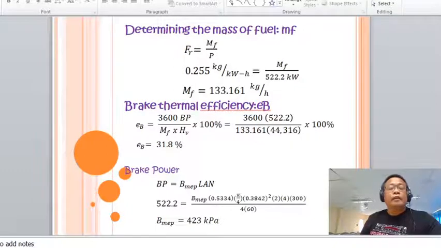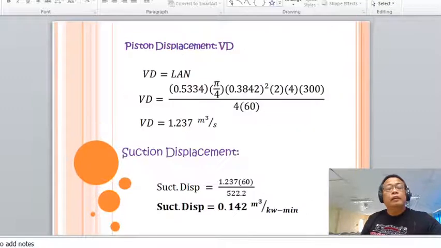Getting now the value of BMEP, the value is 423 kilopascals. Getting now the piston displacement, PD is equal to LAN, substituting values and converting millimeter to meter, PD is now 1.237 cubic meters per second.